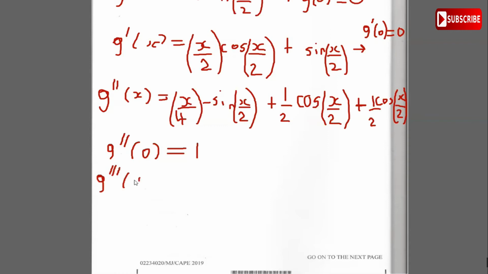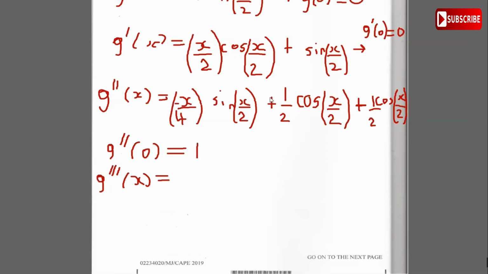So g triple prime of x, we're going to have to differentiate this right here. Instead of writing the minus in front of the sine, you can put the minus in front of the x over 4, so that looks a little better.